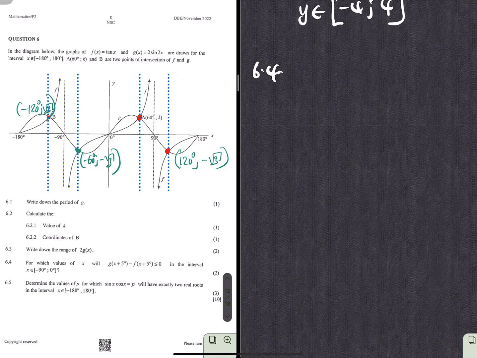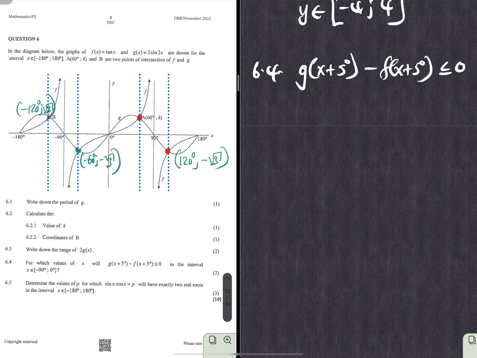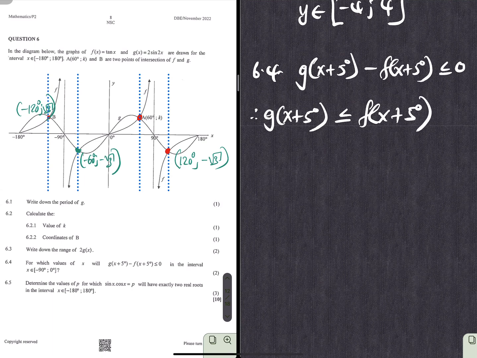They are giving you some inequality there. What you can do is play some algebra to say that g of x plus 5 degrees is less than or equal to f of x plus 5 degrees. We are looking for the values of x for which g of x plus 5 degrees is less than this expression.